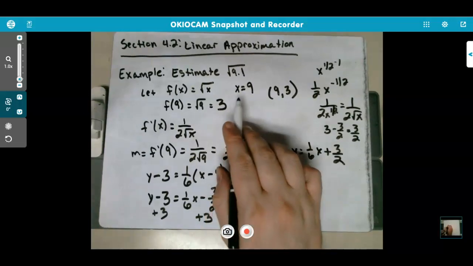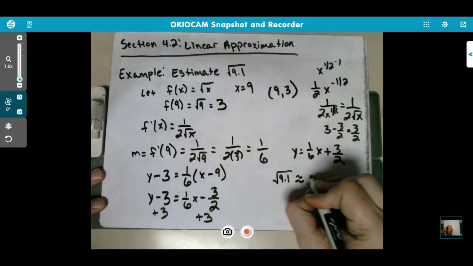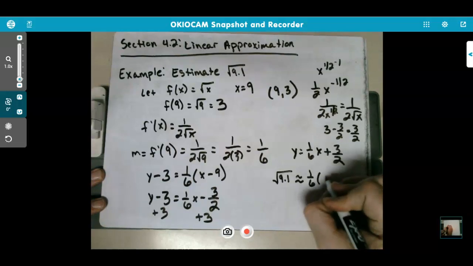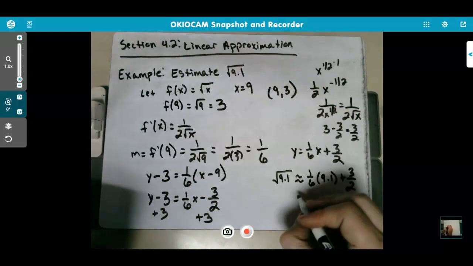So I know at x equals 9, the square root is almost the same thing as 1/6 x plus 3/2. So if I want to do the square root of 9.1, that's about what I get when I plug 9.1 into this. And if I were to work that out, 1 over 6 times 9.1 plus 3 over 2, you get about 3.016666, repeating 6.